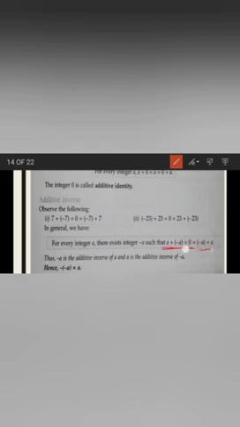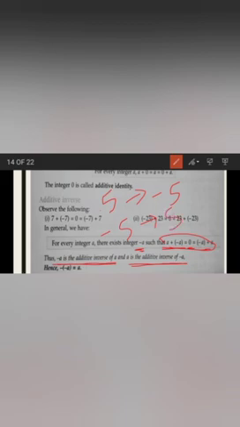Here this minus a is known as the additive inverse of a, and a is known as the additive inverse of minus a. For example, if it is asked to find the additive inverse of 5, the additive inverse of 5 is minus 5, and the additive inverse of minus 5 will be 5. I hope it is clear.